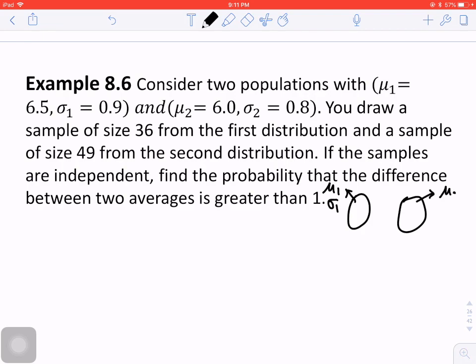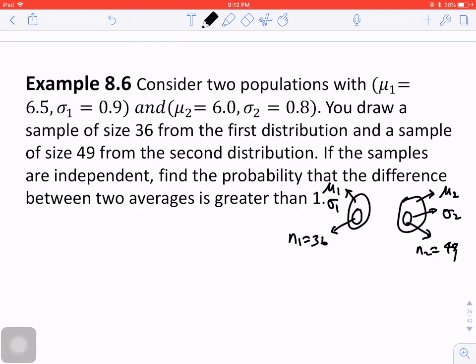For the second group, the corresponding parameters are mu2 and sigma 2. Then you draw a sample from each. The sample size of the first is 36 and the sample size of the second is 49.